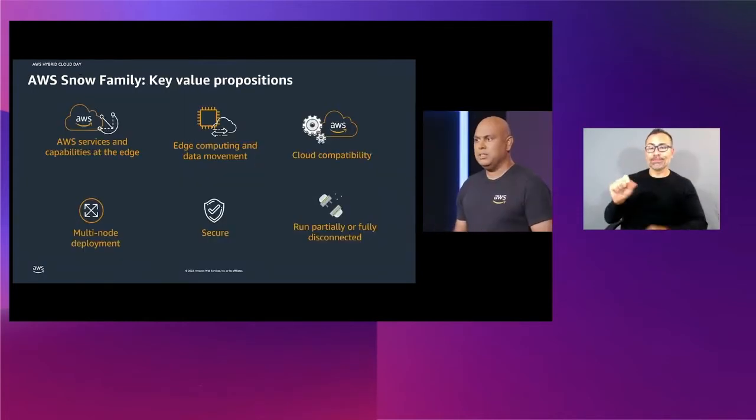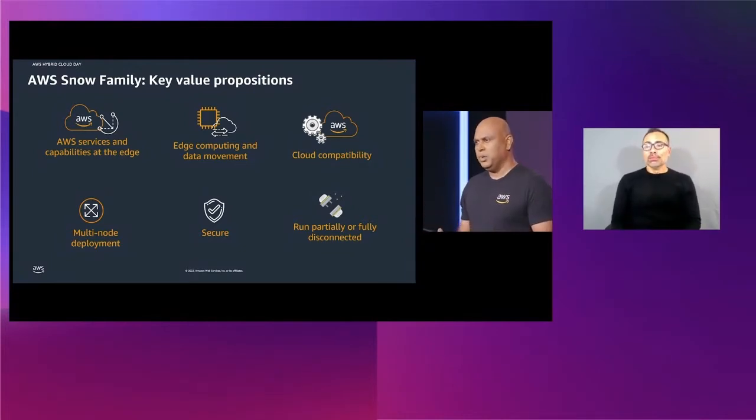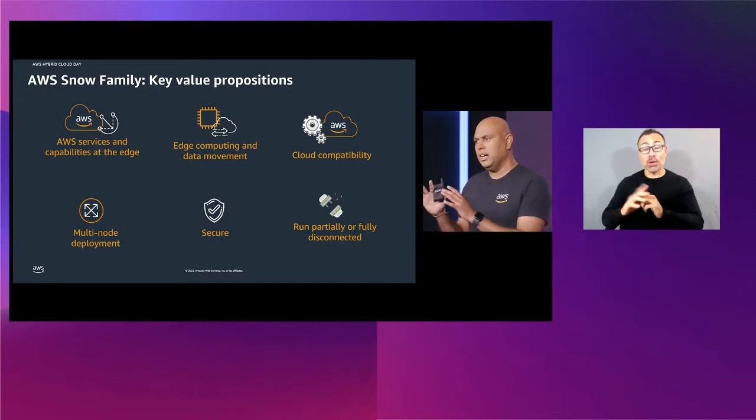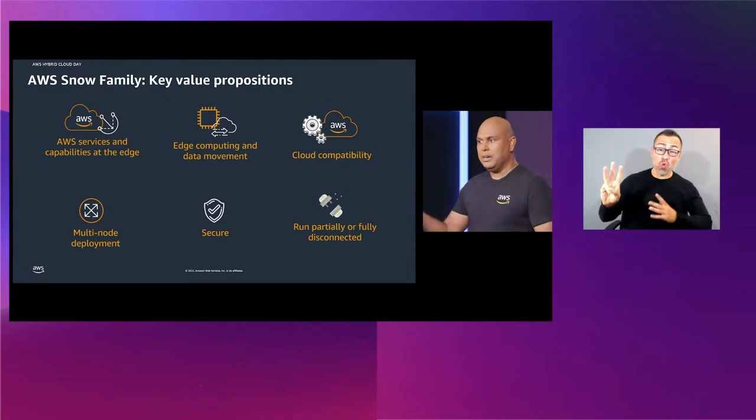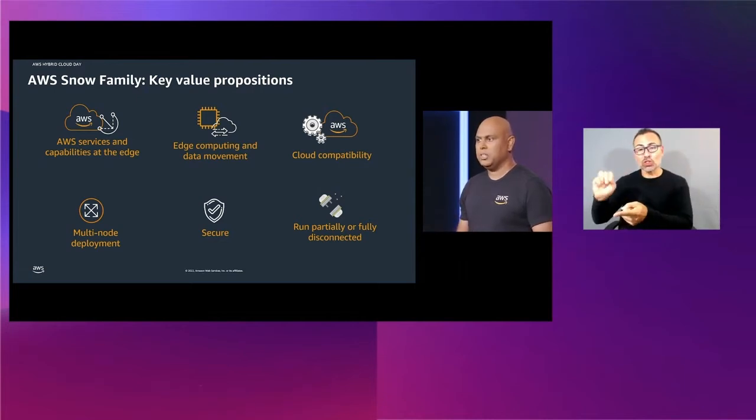The Snow family's purpose is to enable you to run edge compute workloads at the disconnected edge, where connections are not always reliable. In some cases, it's not allowed to have external connectivity. This is where Snow shines, where you can bring your AWS workloads and the same APIs you are used to in the cloud onto the Snow products, and run your workload completely disconnected from the outside world.